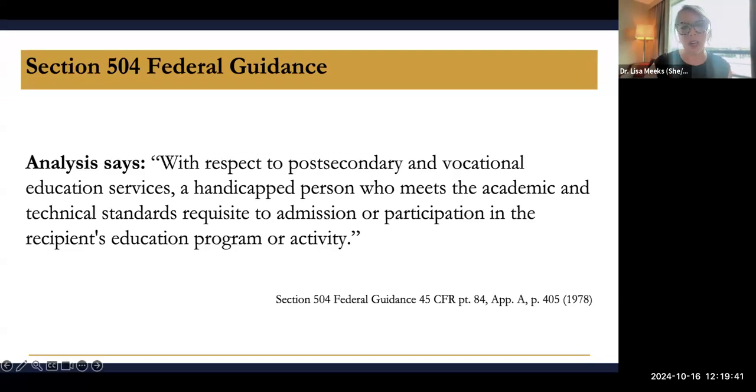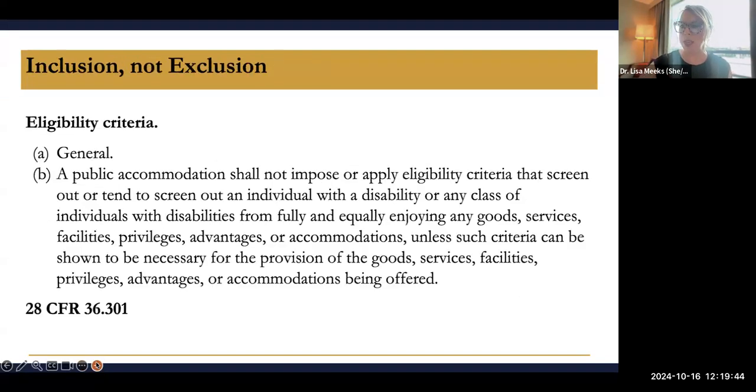There is one other statute that surrounds non-discrimination of individuals with disabilities that could be applied to this. It hasn't been, but this is something that we would want you to be aware of.